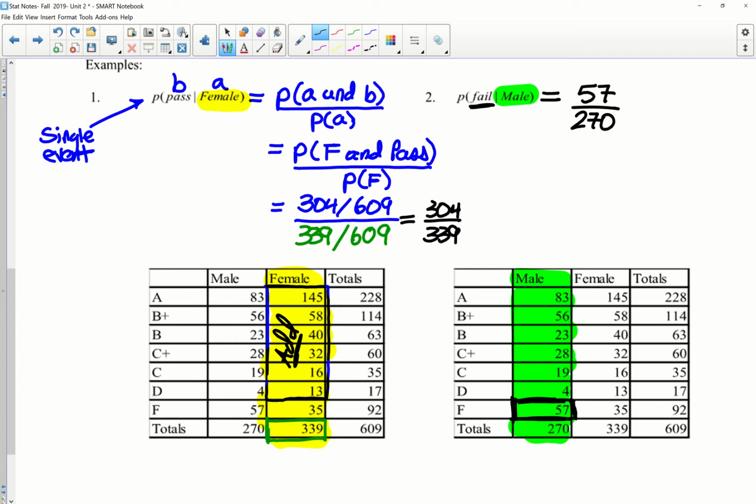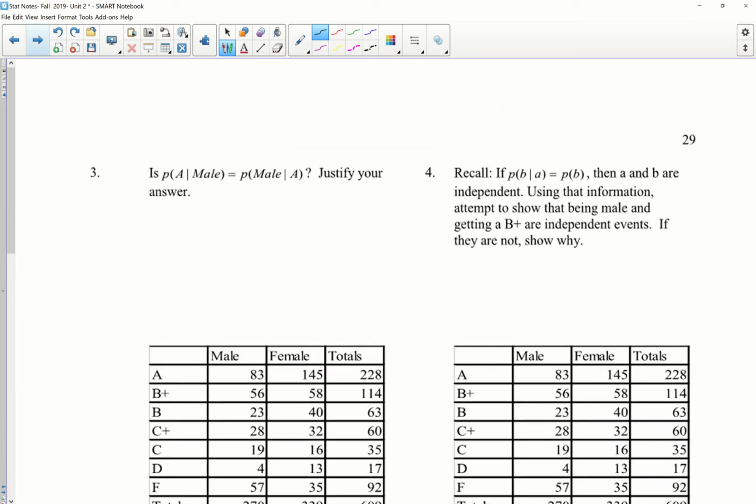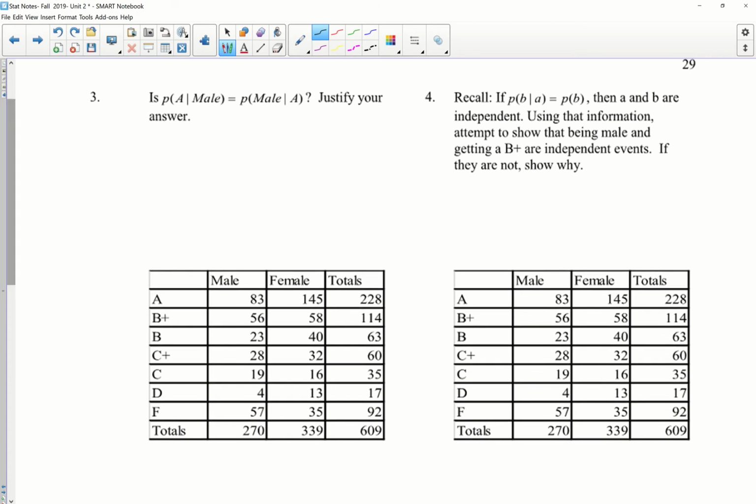All right. And you can develop a little bit of muscle memory on this to the point where you start looking forward to these kinds of questions. Because on the next page, there's a little bit more to it, but just the first part of this question, for example, probability of getting an A given that you're a male.